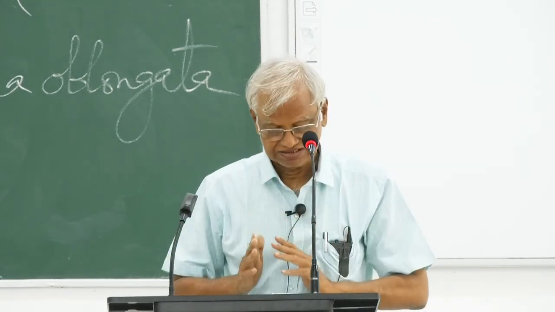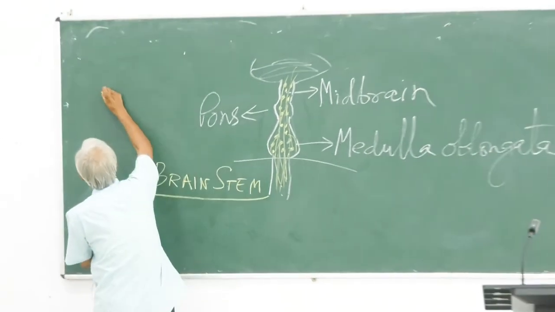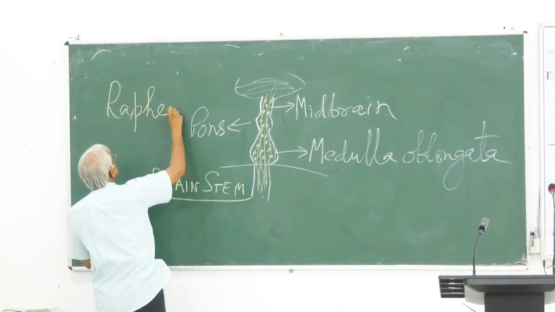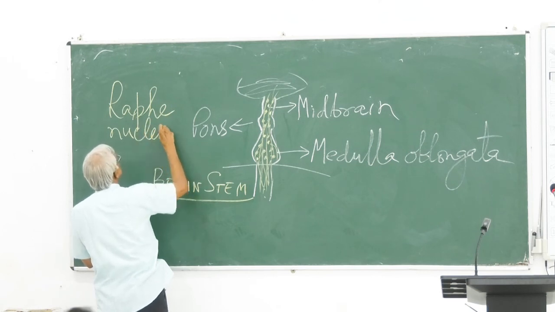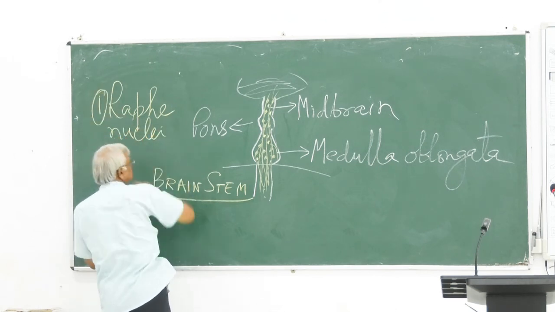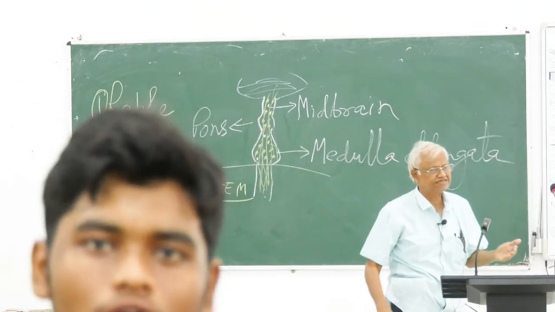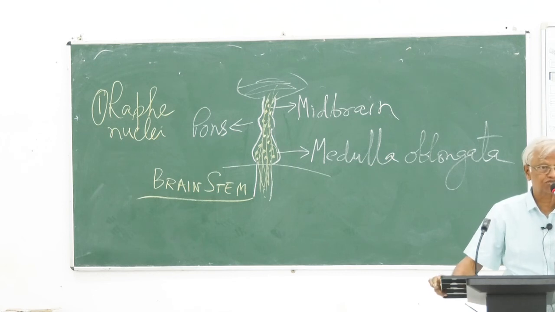Medially, the Raphe nuclei column, in the middle part. Lateral to that is called the gigantocellular column.